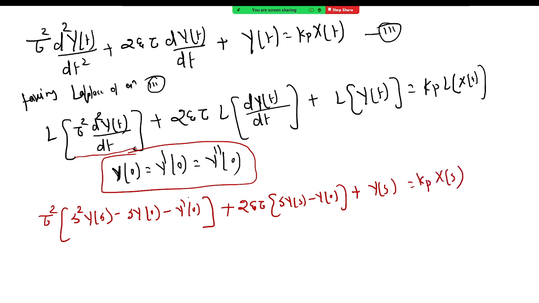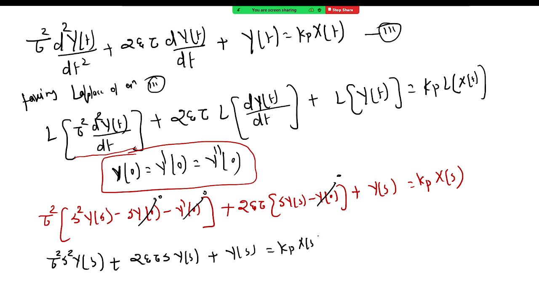So finally, after taking the Laplace, I have converted that second order differential equation into the S domain. And now I'll substitute the boundary conditions that y(0) is 0 and y'(0) is 0. So I can write tau square s square Y(s) plus 2 zeta tau s Y(s) plus Y(s) is equal to Kp X(s).